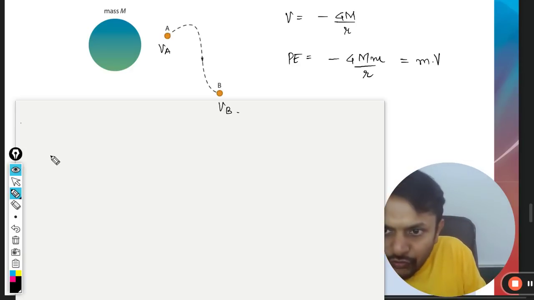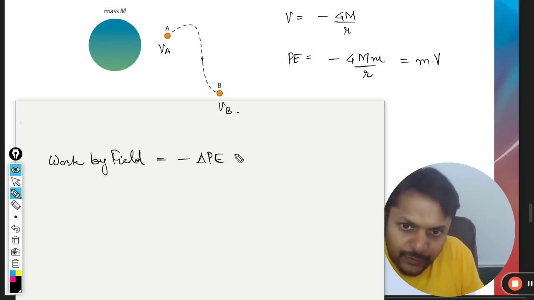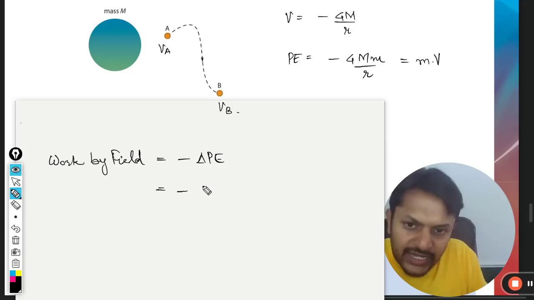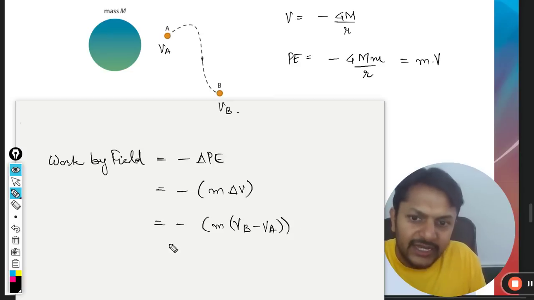That's it. So work done by field force will be equal to negative of potential energy. So negative potential energy can be taken as m multiplied by change in potential. It will be negative m (V final minus V initial). It is going to be this.